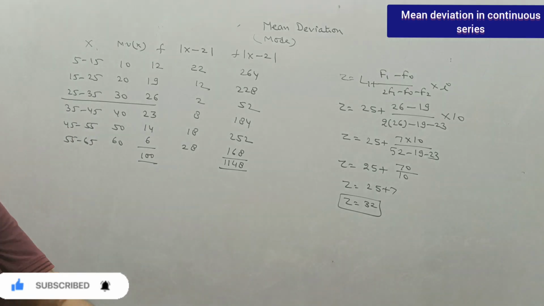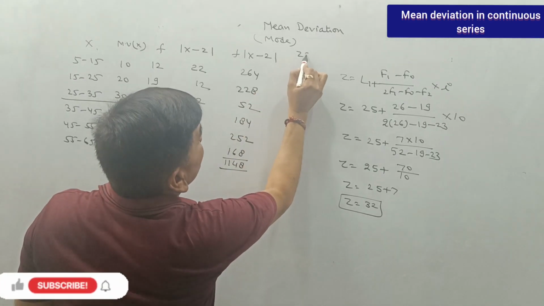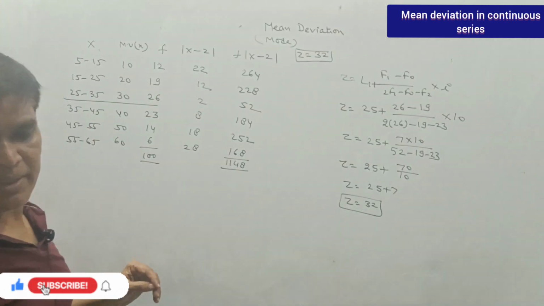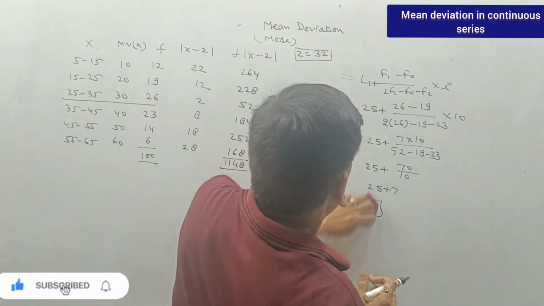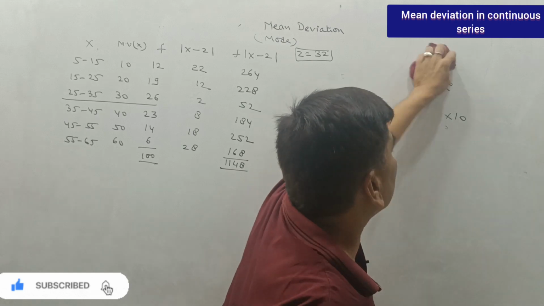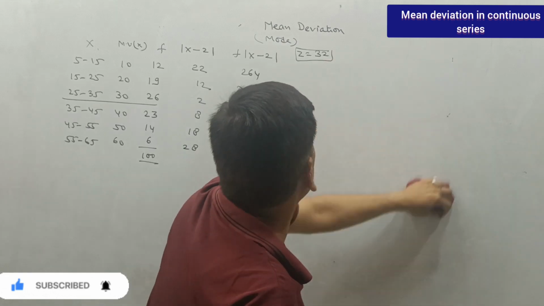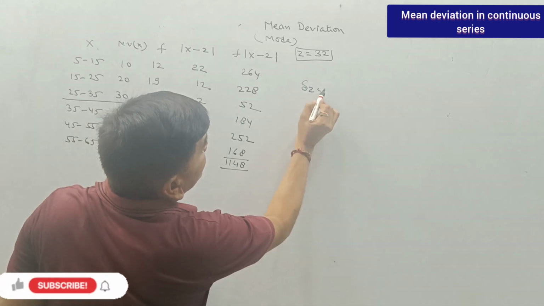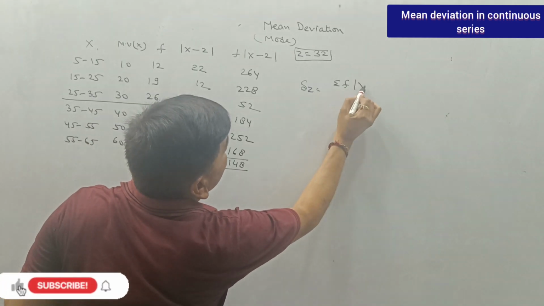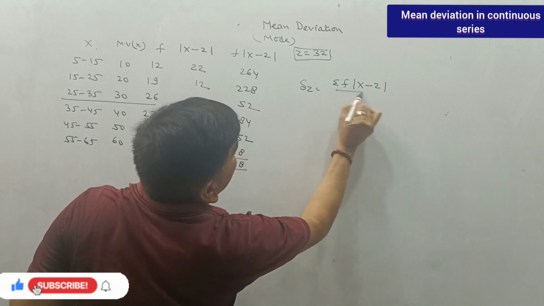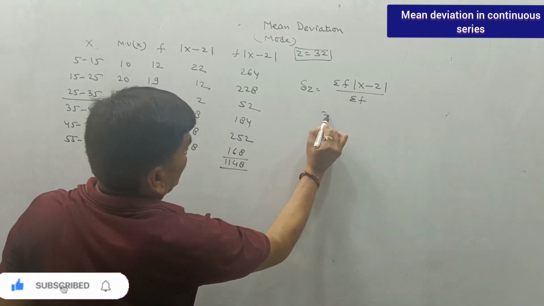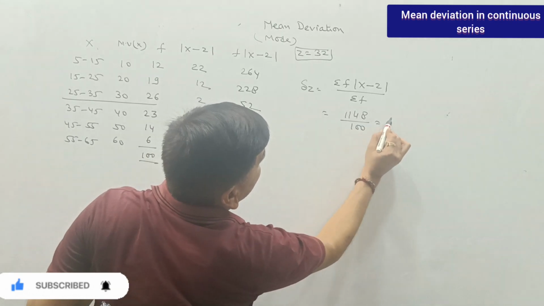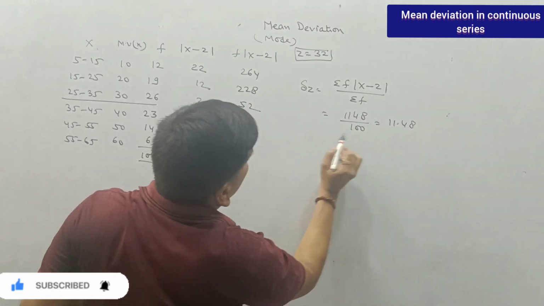The value of z, already calculated, is 32. This will be required afterwards. So the value of mode is 32. Mean deviation from z is sigma f times x minus z divided by sigma f, that is 1148 divided by 100, that is 11.48.